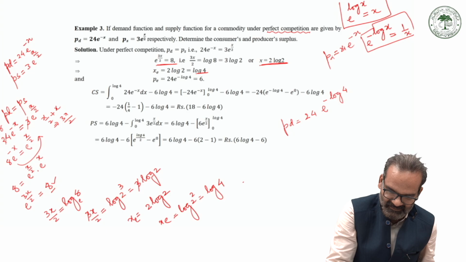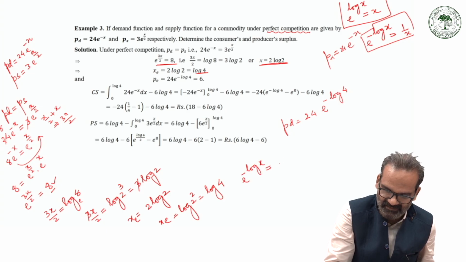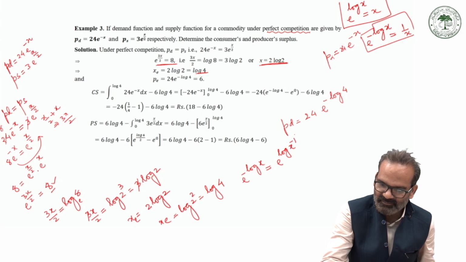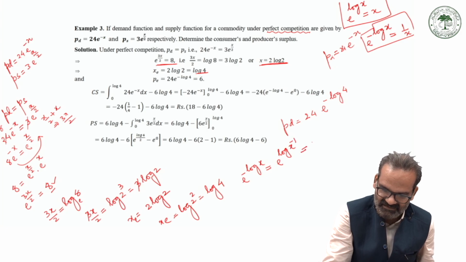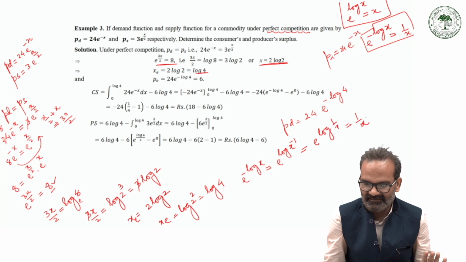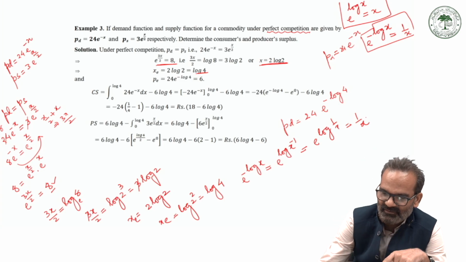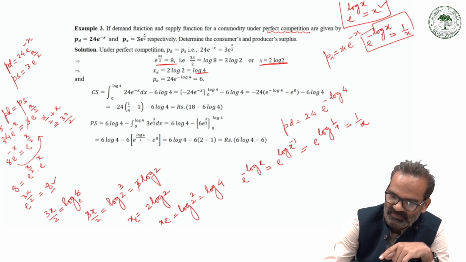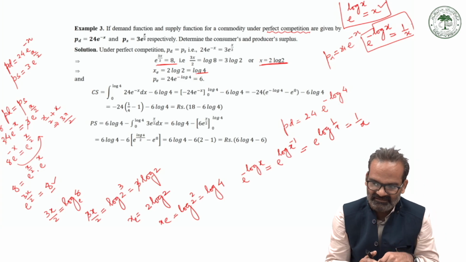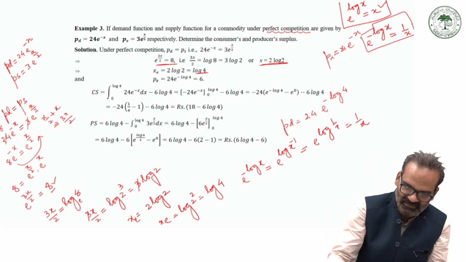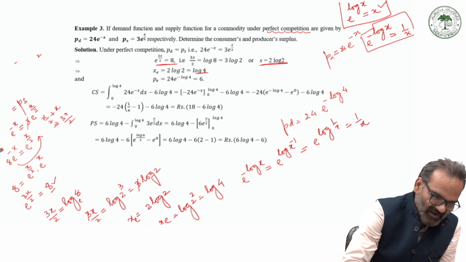See, e raised to the power minus log x can be written as e raised to the power log x inverse by the property we have just used, and x inverse means e raised to the power log 1 upon x, so it will come out to be 1 upon x. Clear? So e raised to the power log x is x and e raised to the power minus log x is 1 upon x.